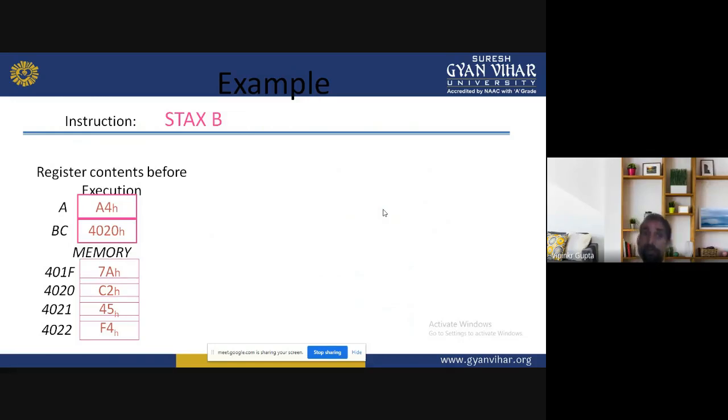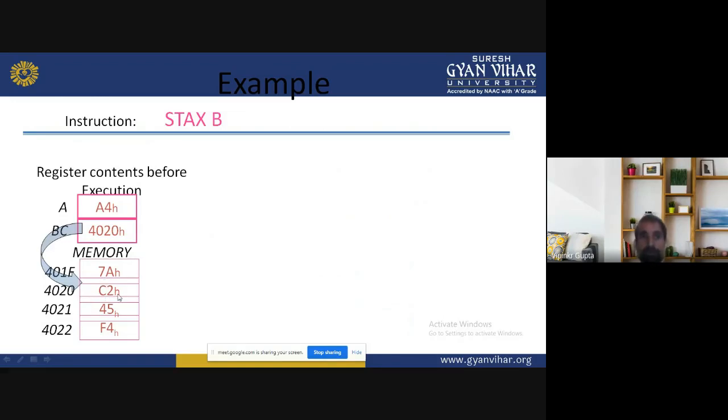So STAX, store accumulator. The data of the accumulator is to be stored at the BC pair address. Whatever data address the BC pair has, we can store the accumulator result there. So in this example, A has A4H, BC has 4020H, and 4020 already has C2H.